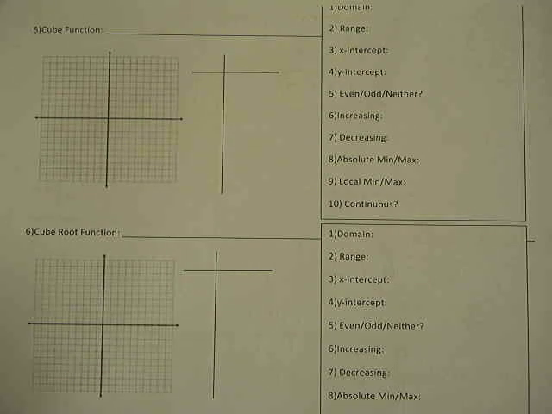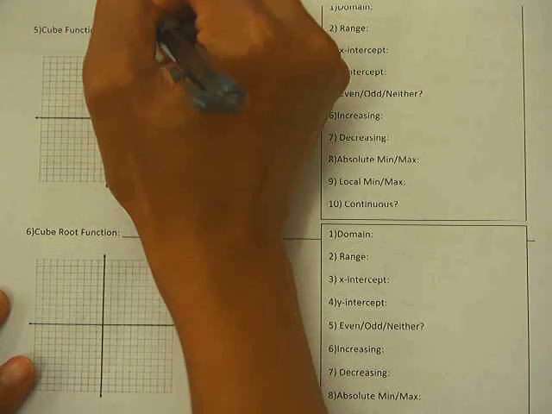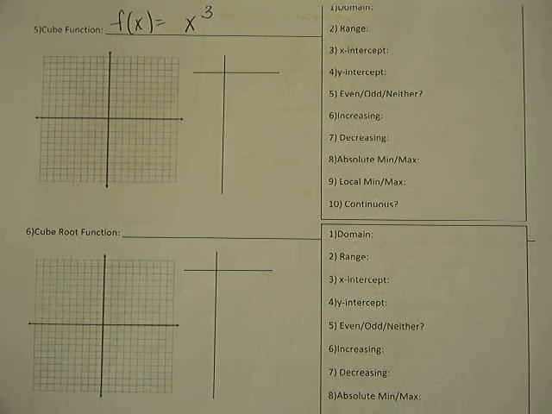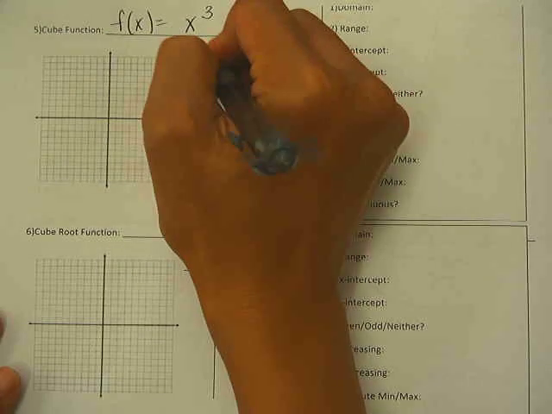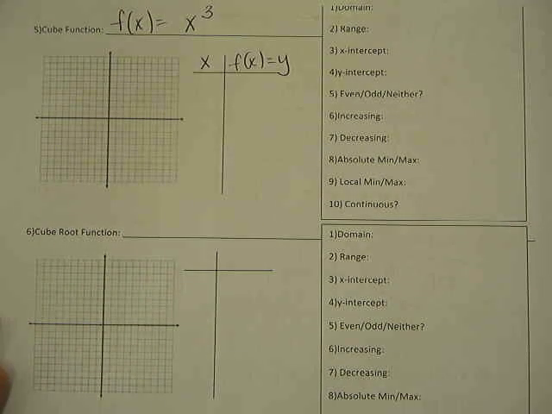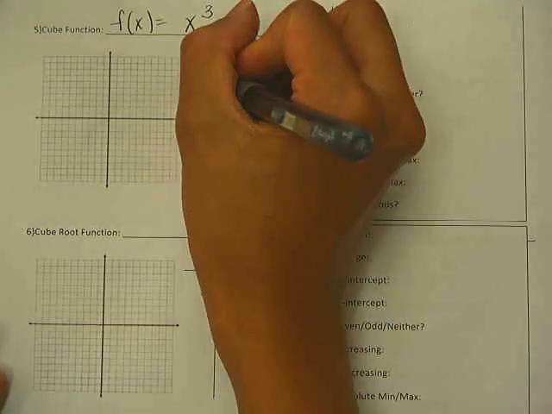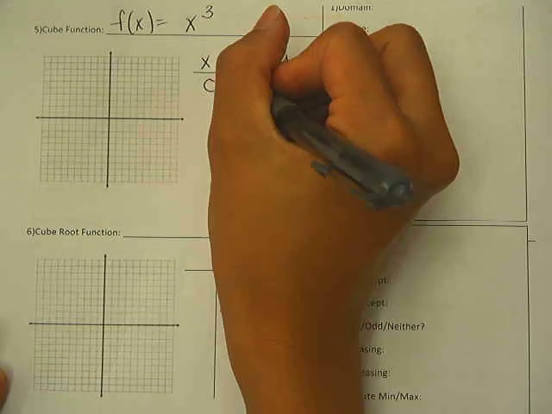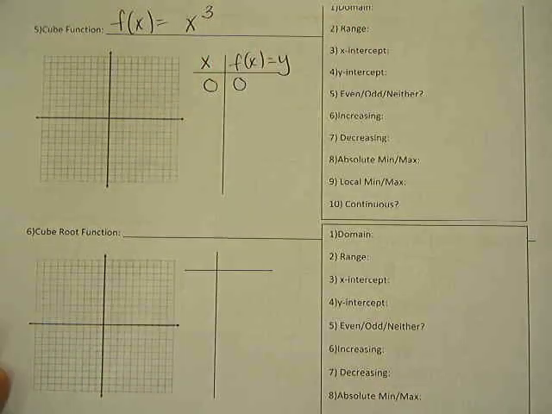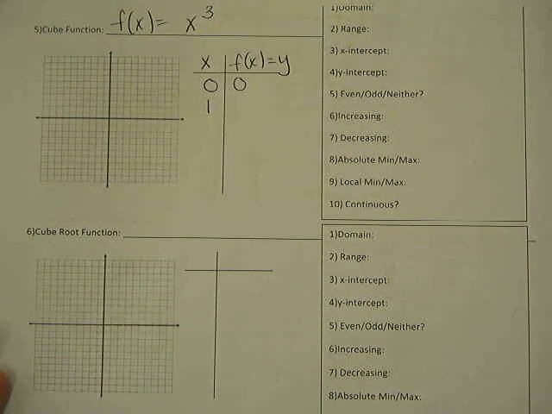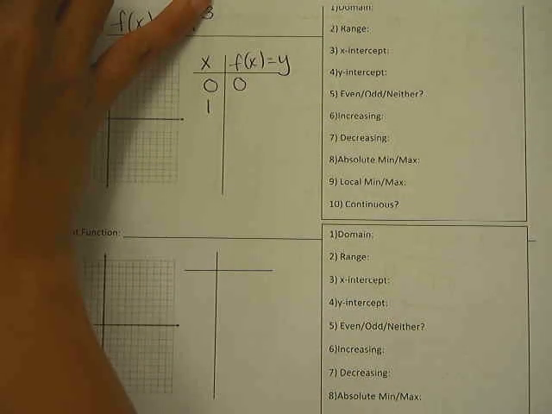Cube functions. So f of x equals x to the third. That's what a cubic function is, or a cube function. Let's do our input and output chart. All right, let's put in 0. 0 to the third power is 0. Let's do 1. 1 to the third power is 1.